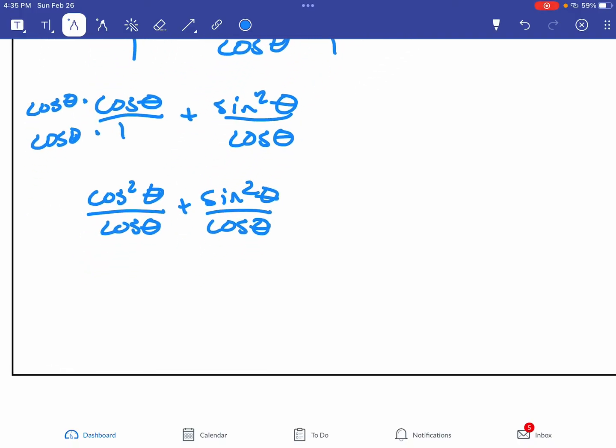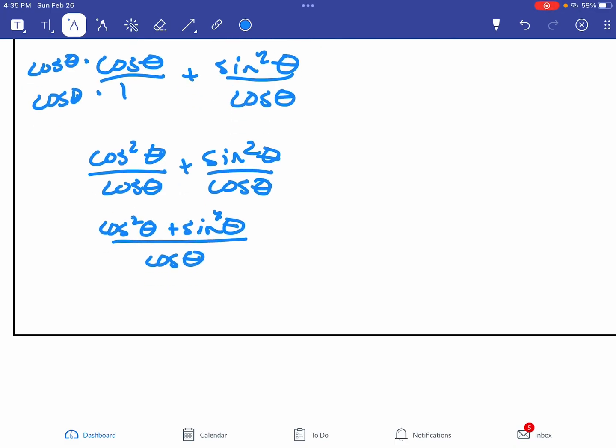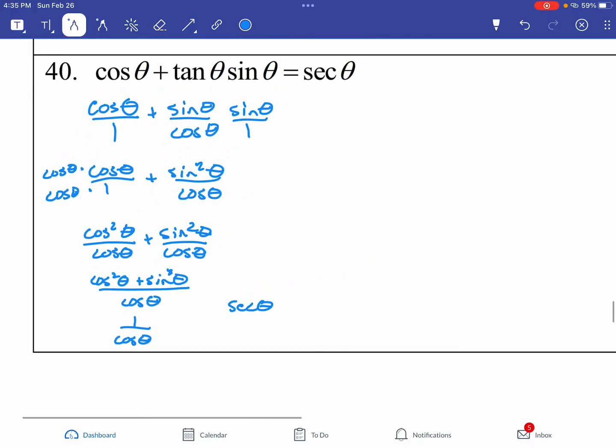Now that I have a common denominator, I'm going to get cosine squared plus sine squared over cosine. Again, the cosine squared plus sine squared is a Pythagorean identity, so it gives you 1 over cosine, which gives you secant, which is what we were trying to get.